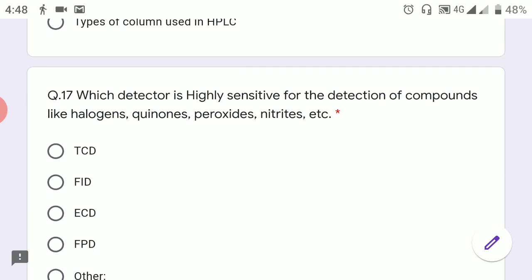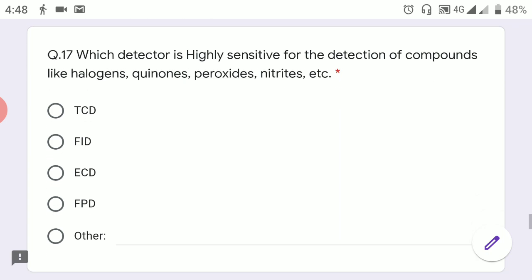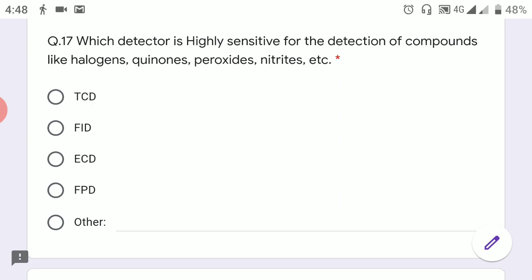Which detector is highly sensitive for the detection of compounds like halogens, quinones, peroxides and nitrides? These are all electronegative, so they have the capacity to withdraw electrons. So the answer is electron capture detector.